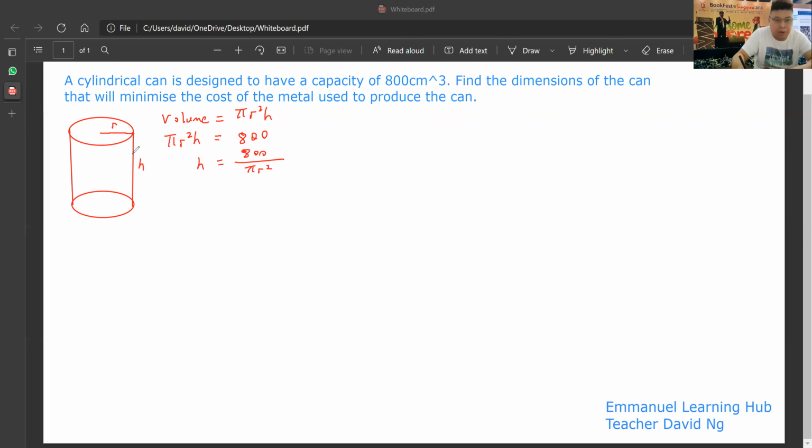Then the total surface area will be 2 pi r square plus 2 pi r h.